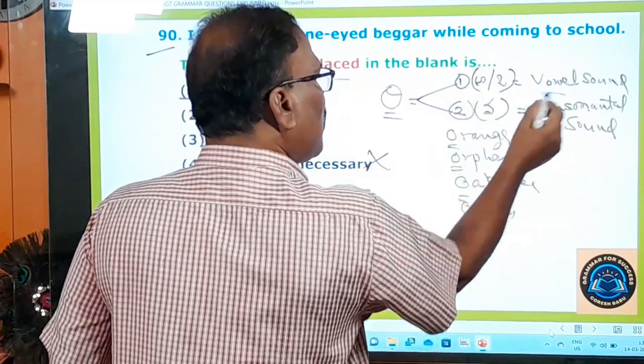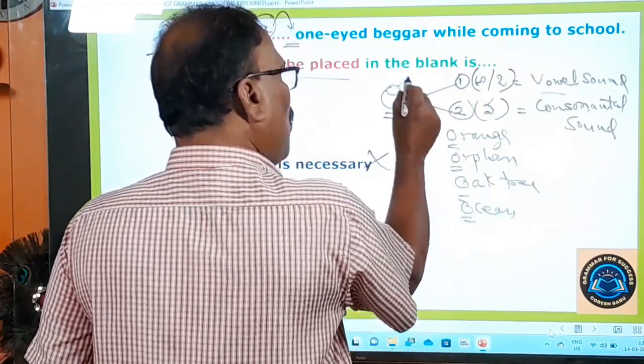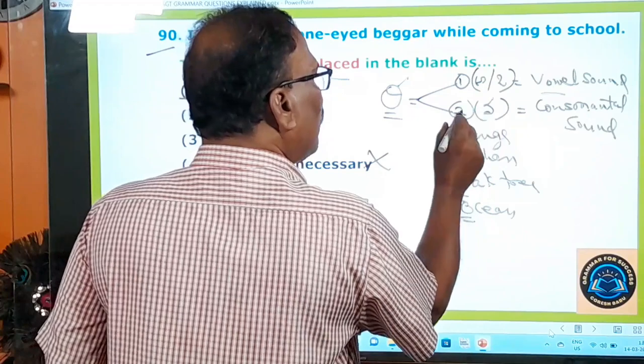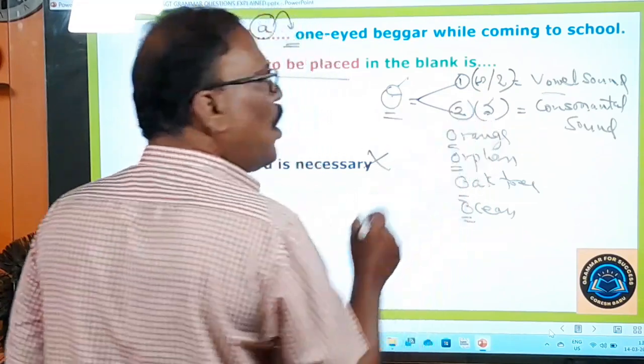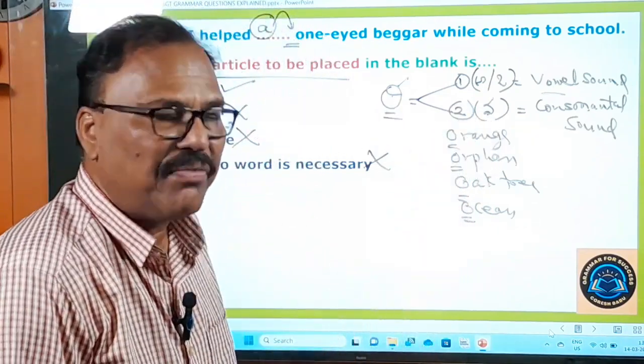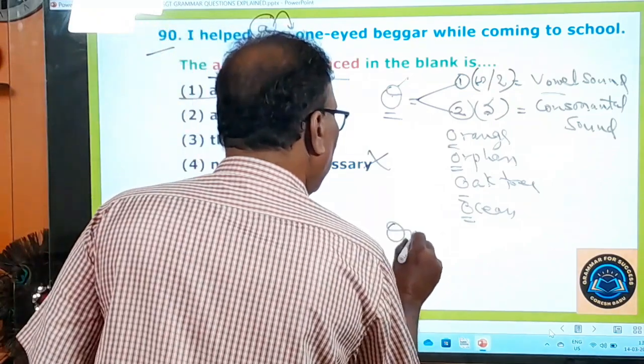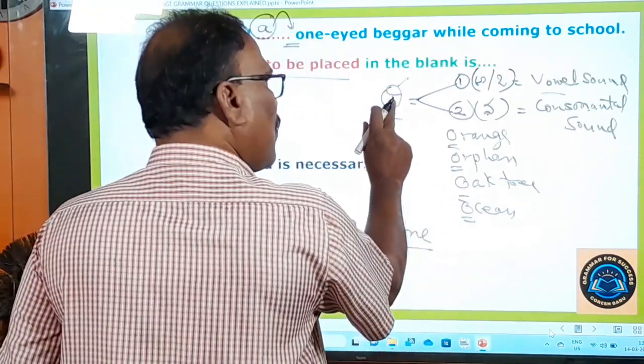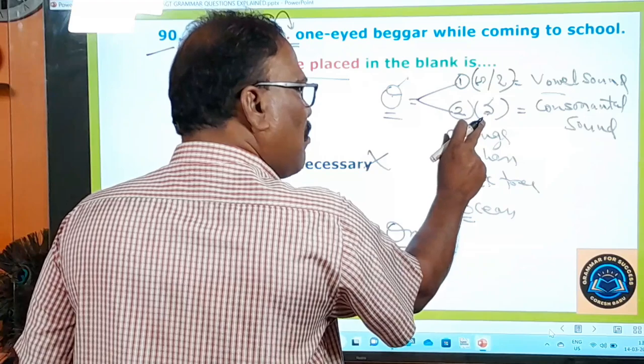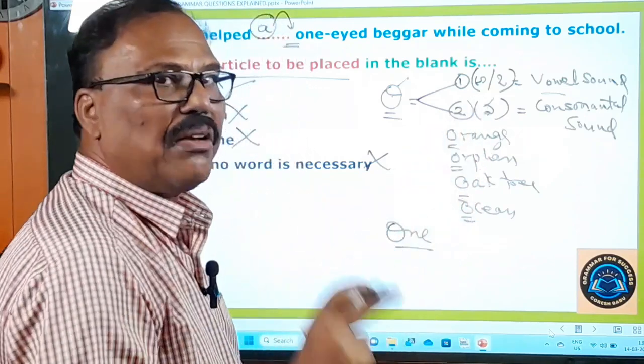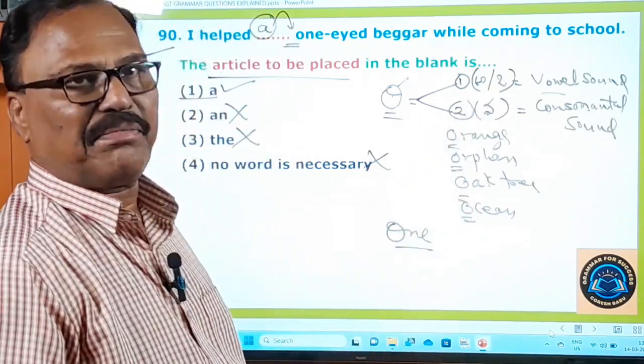These are all examples of the vowel sound of this O, and a Wa sound is there. This O gives you the sound of Wa only in one word, that is one.